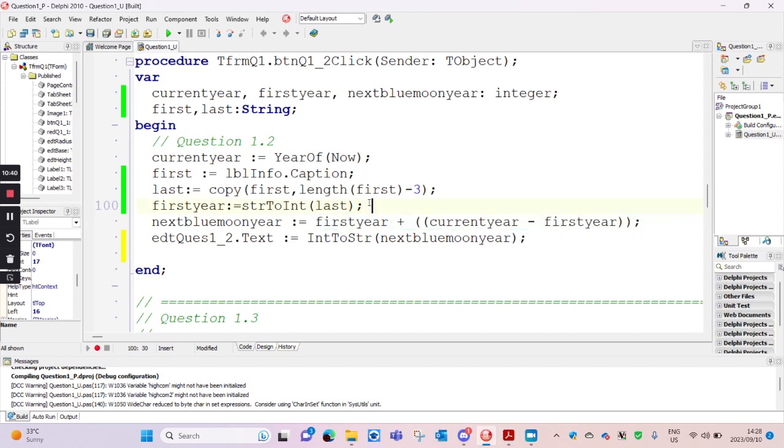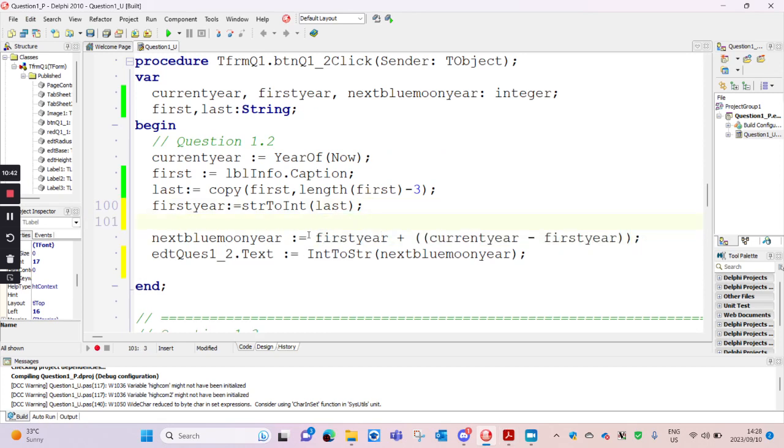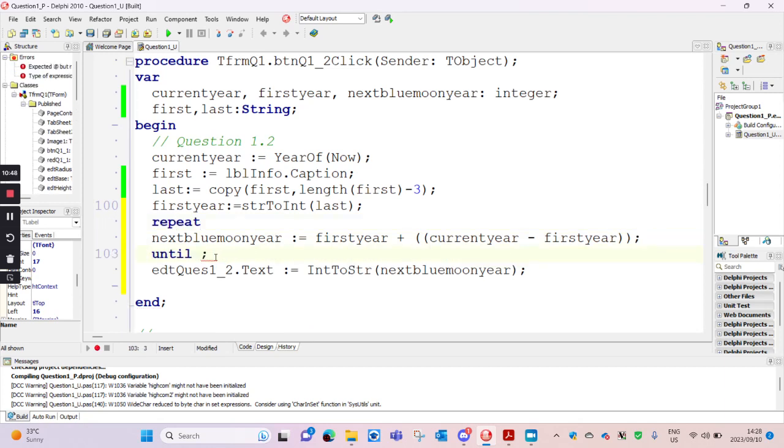Right. So tell me what we could do. So you'd go repeat loop. Alright, let's see, repeat. Until when? Oh, so the new blue moon.